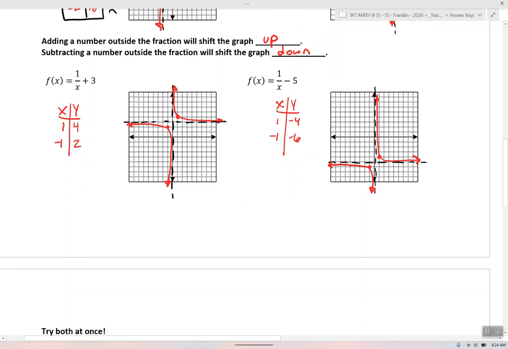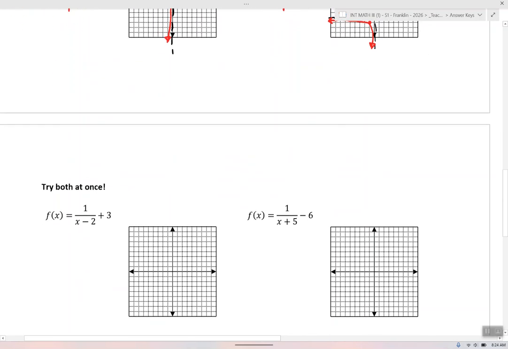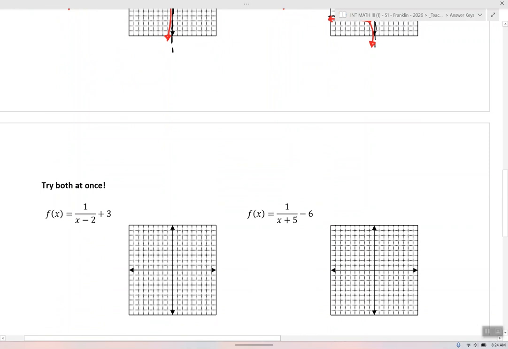Now we can also combine and try both of those at once. So for both of these rules, we have to remember x minus 2 here in the denominator will go right 2 spaces, and plus 3 will go up 3. It's kind of the opposite inside the fraction. In the denominator, if it's minus, it'll go right.